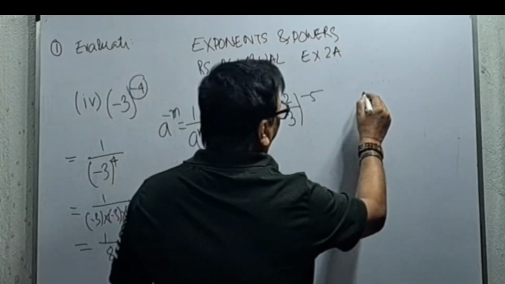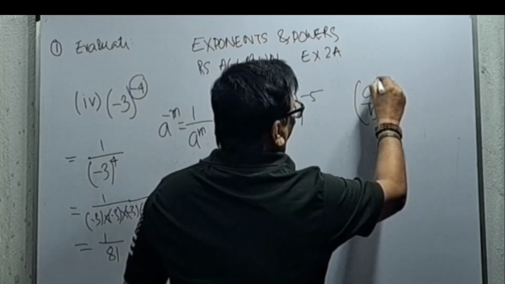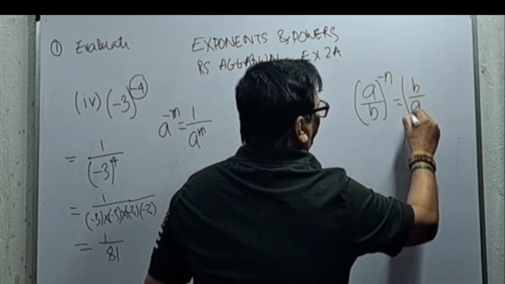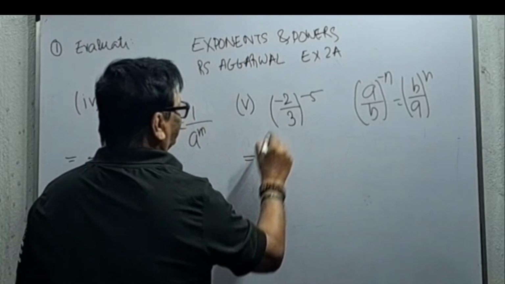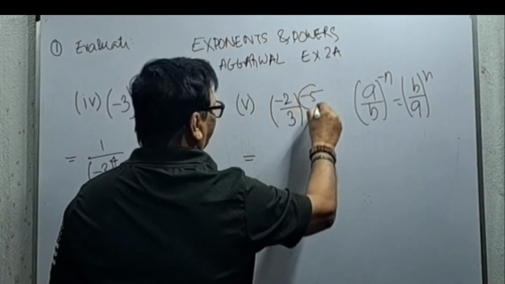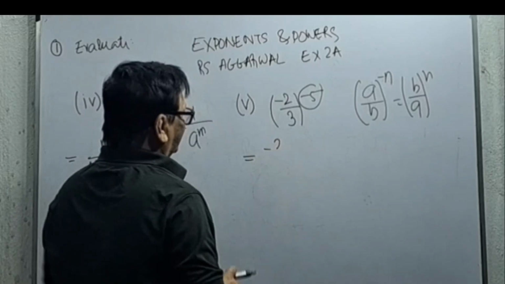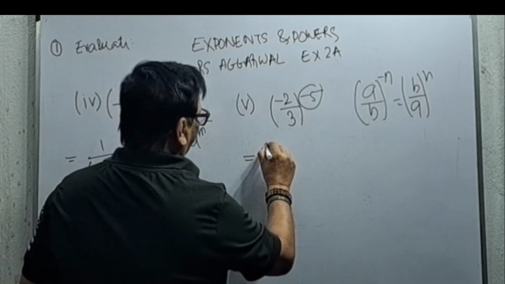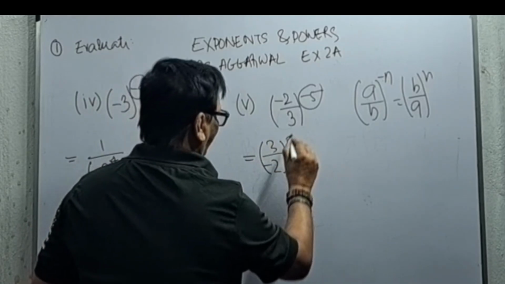So now we move on to part 5. Again we have a by b to the power of minus n is equal to b by a to the power of n. So we apply this here. We'll make the exponent positive. So what we have is minus 3 by 2, we have 3 by minus 2 to the power of 5, right?